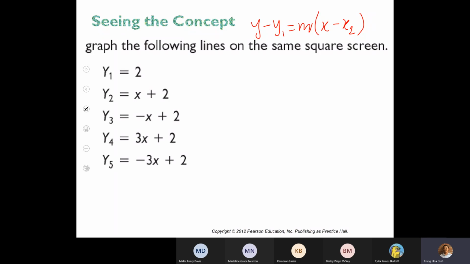Now they ask us to graph lines on the same square screen. So from the equation, you can see. Okay, let's look at the first one. y1 equal to 2. What is the y-intercept? The y-intercept is the intersection between the straight line and the y-axis.